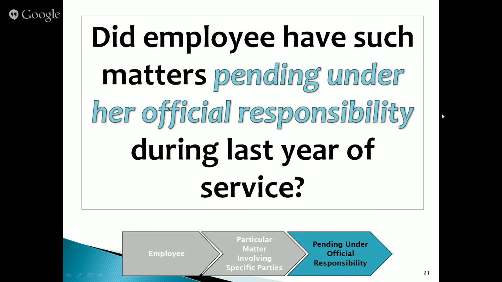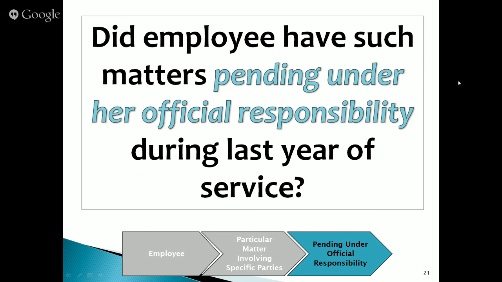So I'm going to try and sort of translate it for you, but I think it's important to know where it is and to see how it's written. Okay, so it says official responsibility means the direct administrative or operating authority, whether intermediate or final, either exercisable alone or with others or either personally or through subordinates, to approve, disapprove, or otherwise direct government action. Okay? You're right. That's not tremendously clarifying upon the first read.